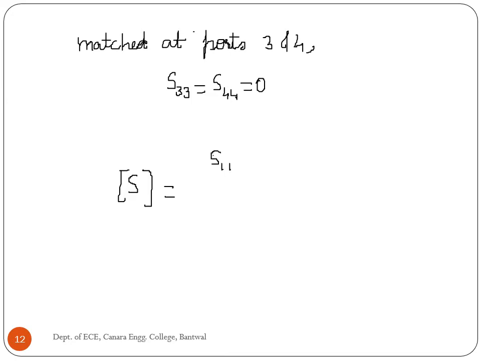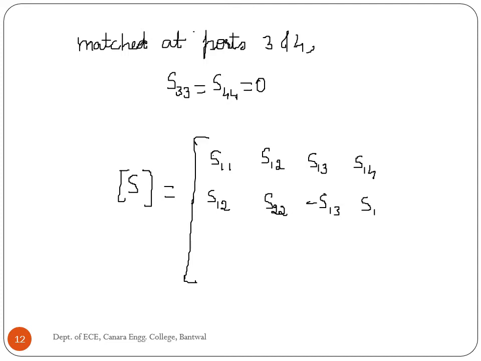S11, S12, S13 and S14. S21 is equal to S12 and S22, S23 is equal to minus S13, S24 equal to S14, S31 is equal to S13, S32 is equal to minus S13, S33 equal to 0 and S34 equal to 0.